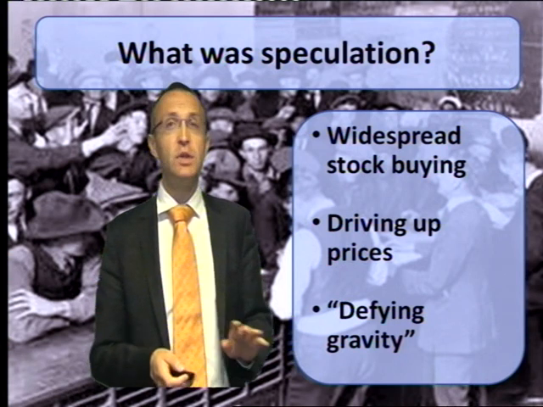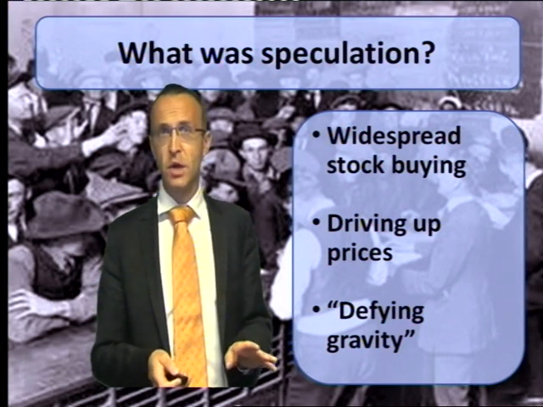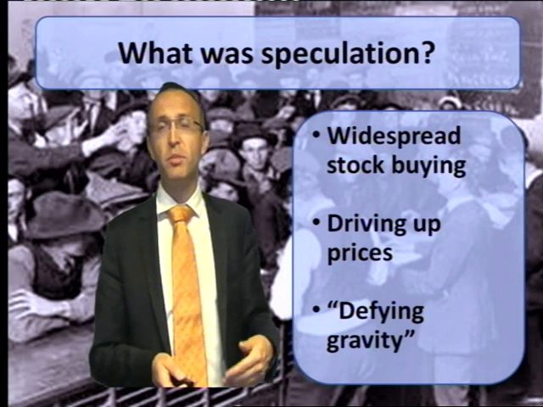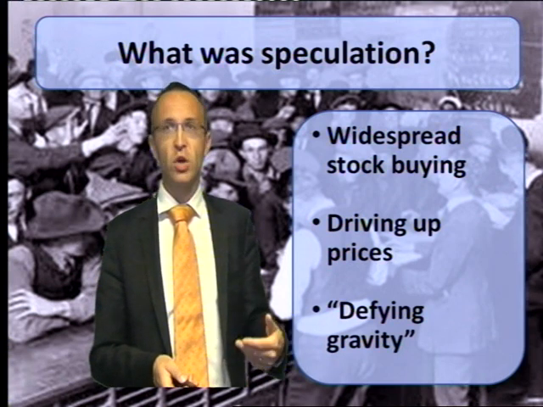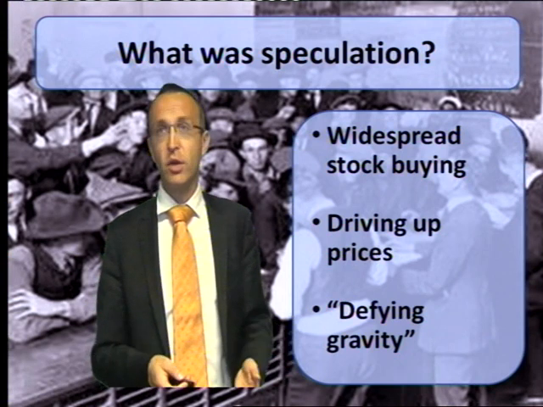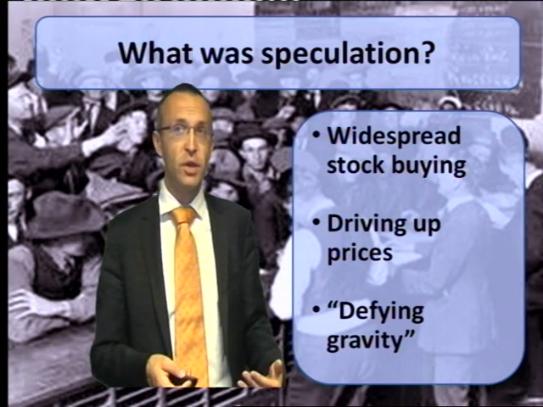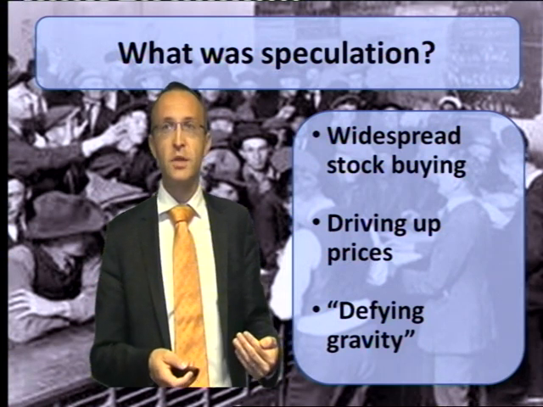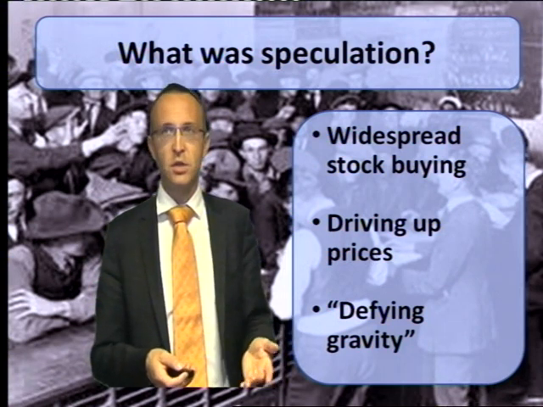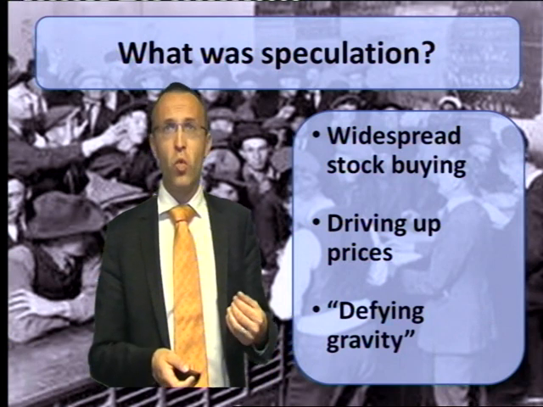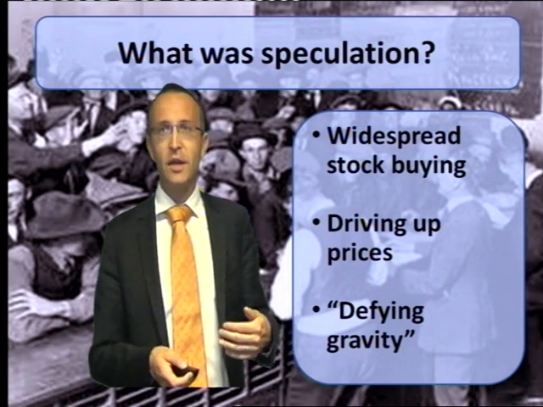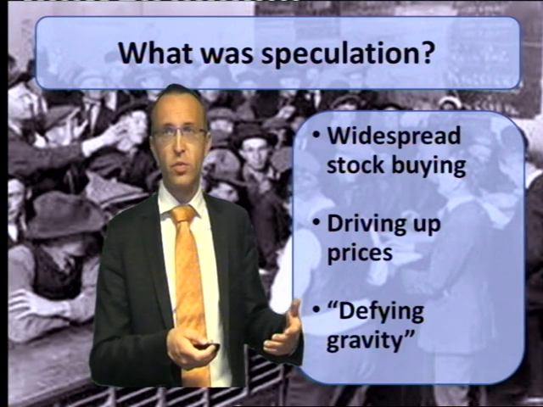Ordinary people, people who had never previously been involved with the stock market, shoeshine boys, people who worked in ordinary jobs, who were market traders, who were people working in clerical jobs. They were investing very, very heavily in the stock market, encouraged by the fact that stock prices had risen so dramatically in the 1920s. When they became active, they continued to drive up stock prices.